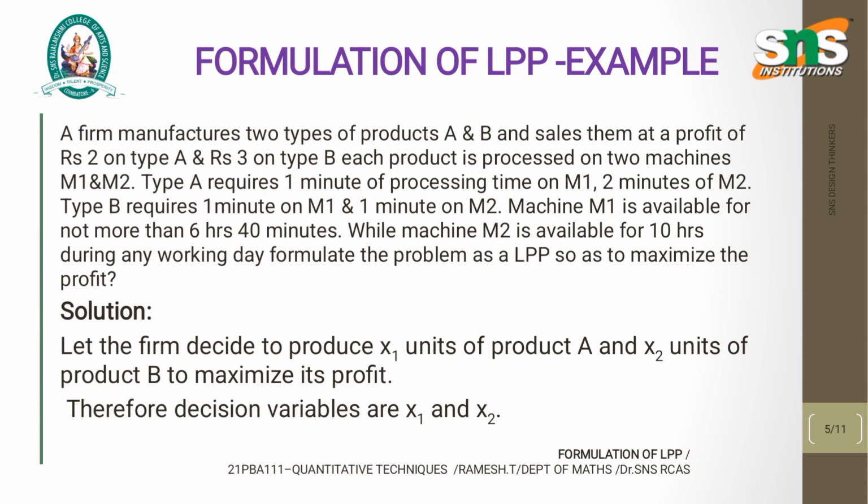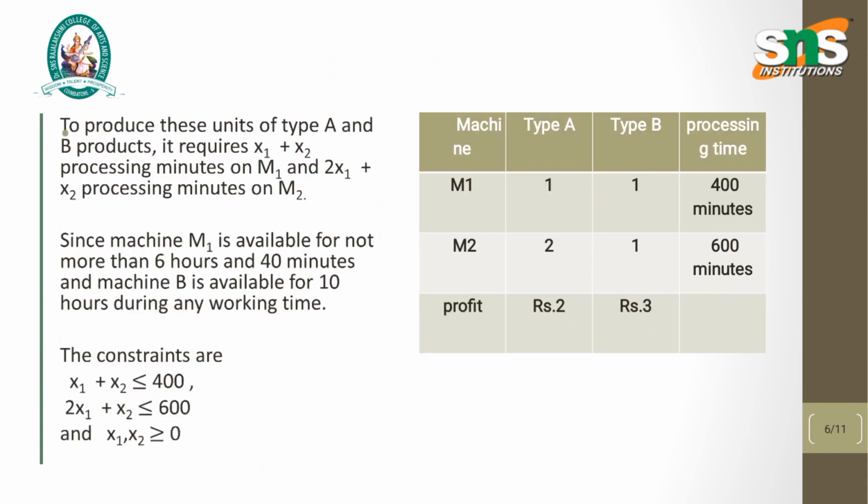So first we identify how many decision variables. Let the firm produce x1 units of product A and x2 units of product B to maximize its profit. Therefore, the decision variables are two: one is x1, another is x2. To produce these units of type A and B products, it requires x1 plus x2 processing minutes on M1 and 2x1 plus x2 processing minutes on M2.